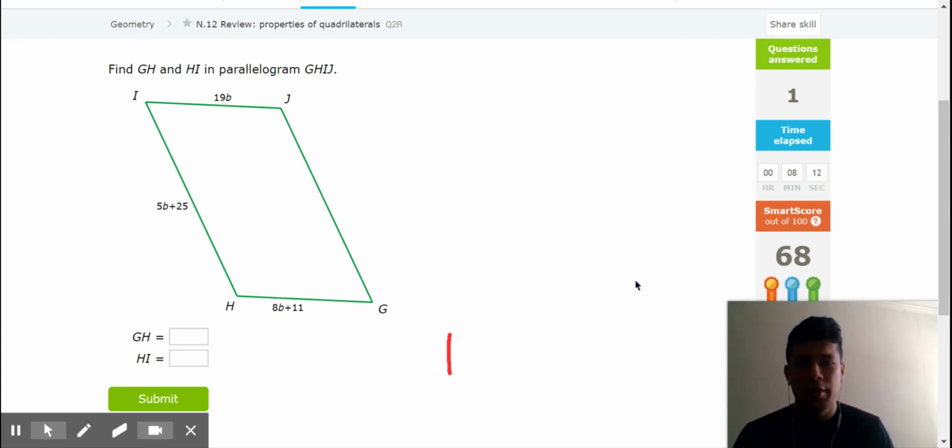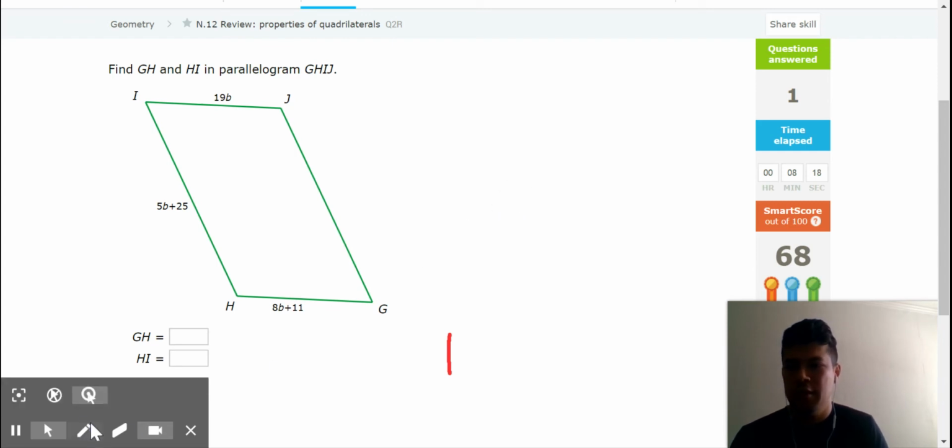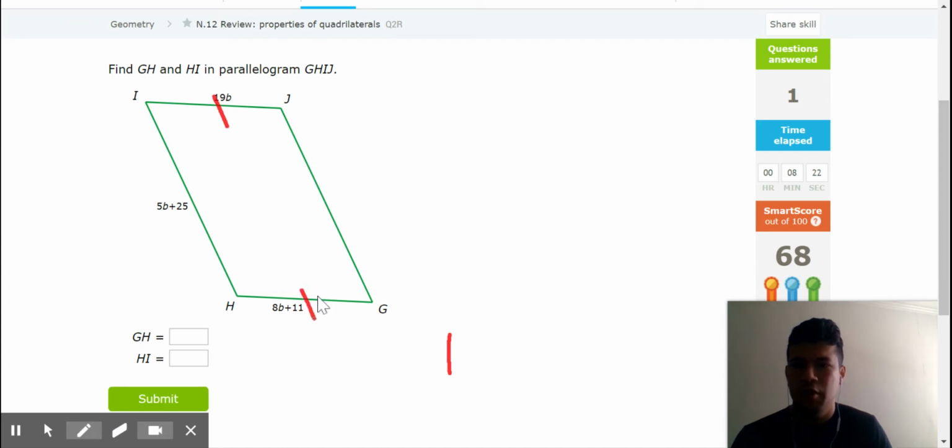All right, no worries. Once again, what we know about parallelograms is that opposite sides are congruent. So if opposite sides are congruent, we can make this work. Let's look for expressions that might be equivalent. If IJ and HG are congruent, then their expressions are congruent.